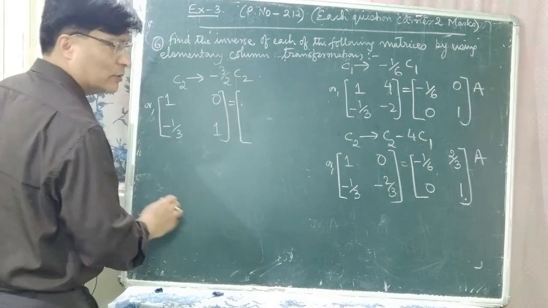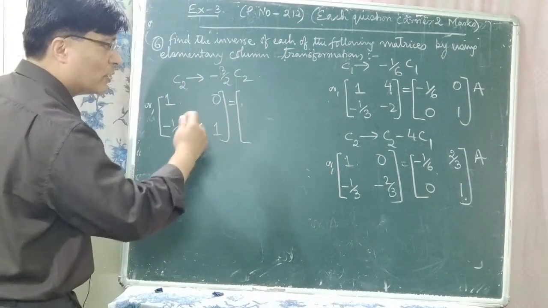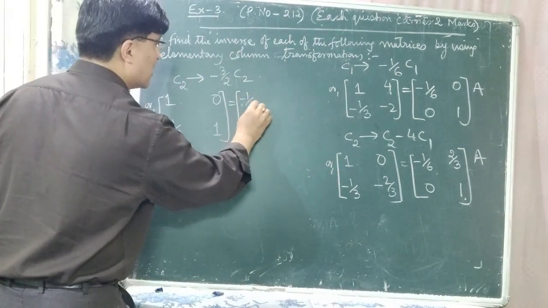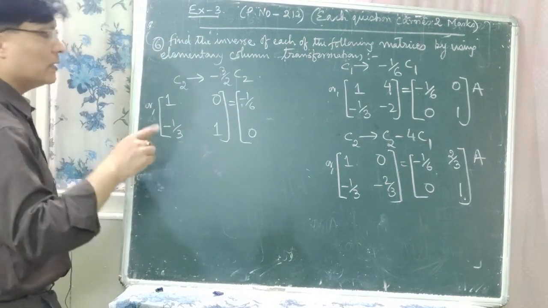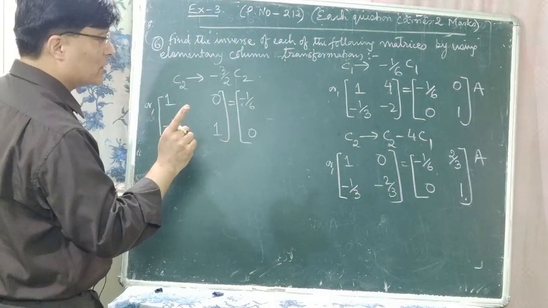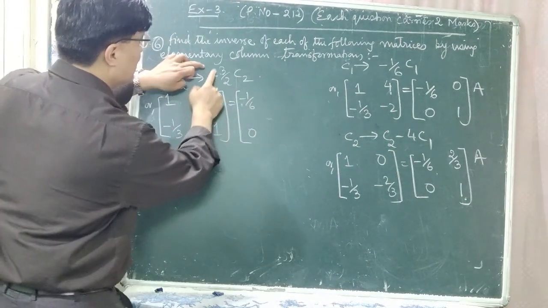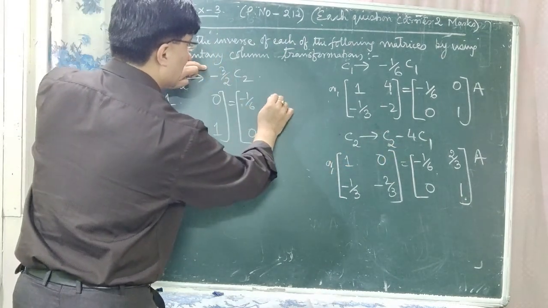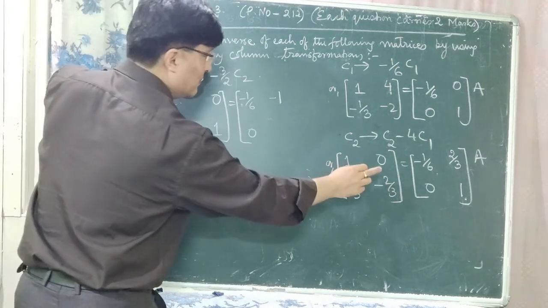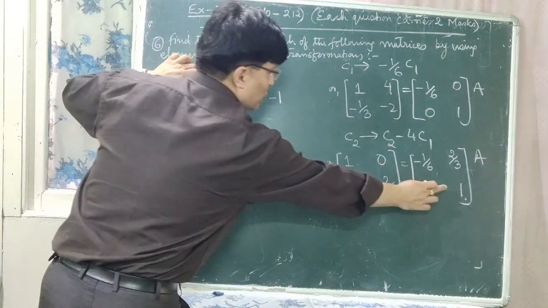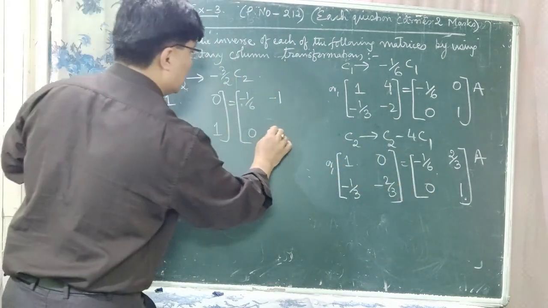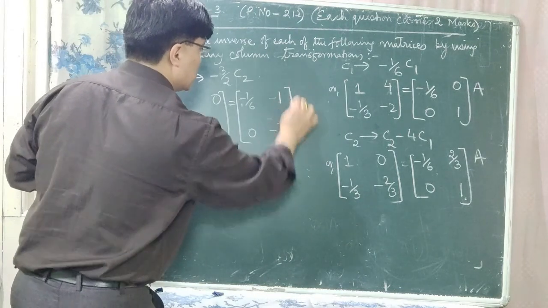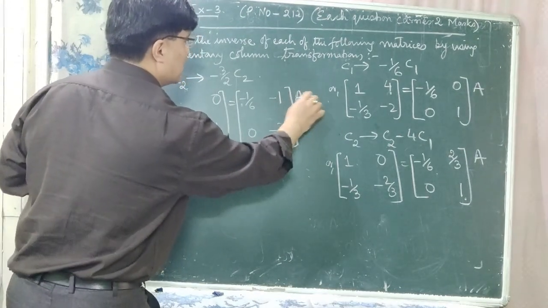Which is equal to, now on the right hand side also column 1 remains the same, that is minus 1 by 6, 0. Now next column 2 is changing. How does it change again? So minus 3 by 2 into 2 by 3, that is minus 1. And then column 2 is 1 here, 1 into minus 3 by 2, minus 3 by 2. Then you have to write E.